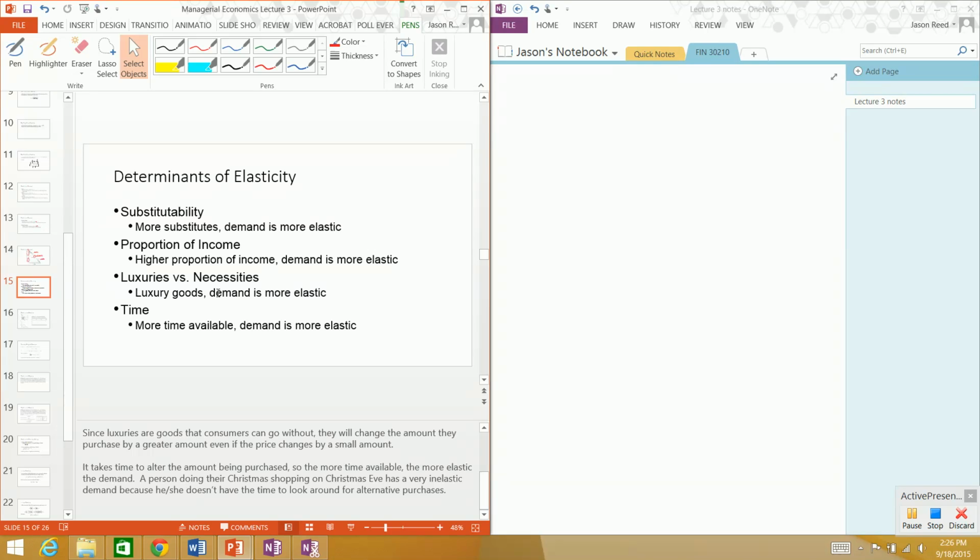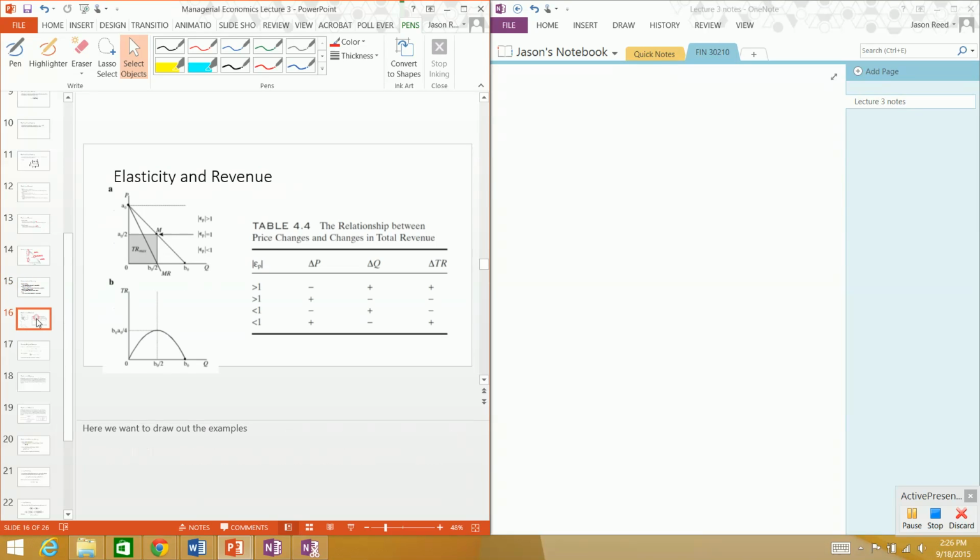And then lastly, the idea is time. Time, again, allows us to find substitutable goods. It takes time to alter any amount being purchased, so when you have more time available, you essentially have more elastic demand. And I think a good example of this is, imagine a person doing their Christmas shopping on Christmas Eve. They must have a very inelastic demand because they have no time to look around and find any alternatives.